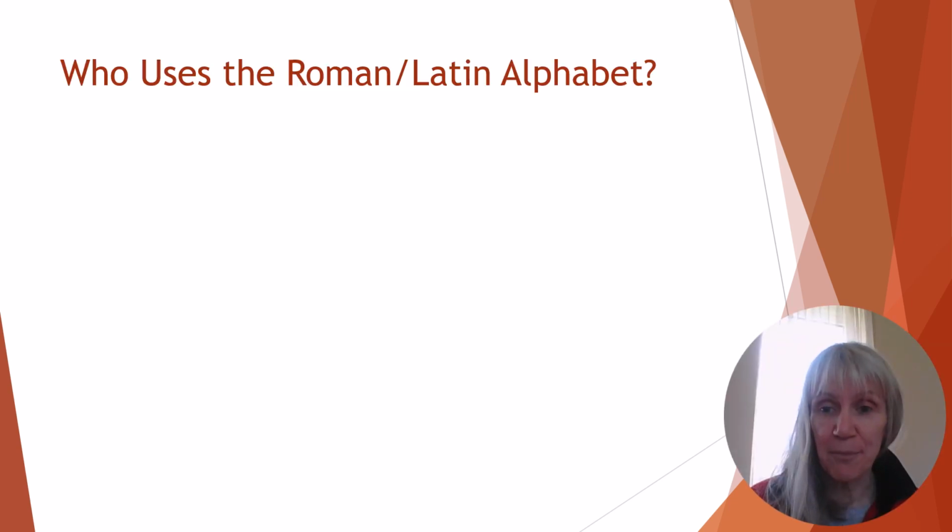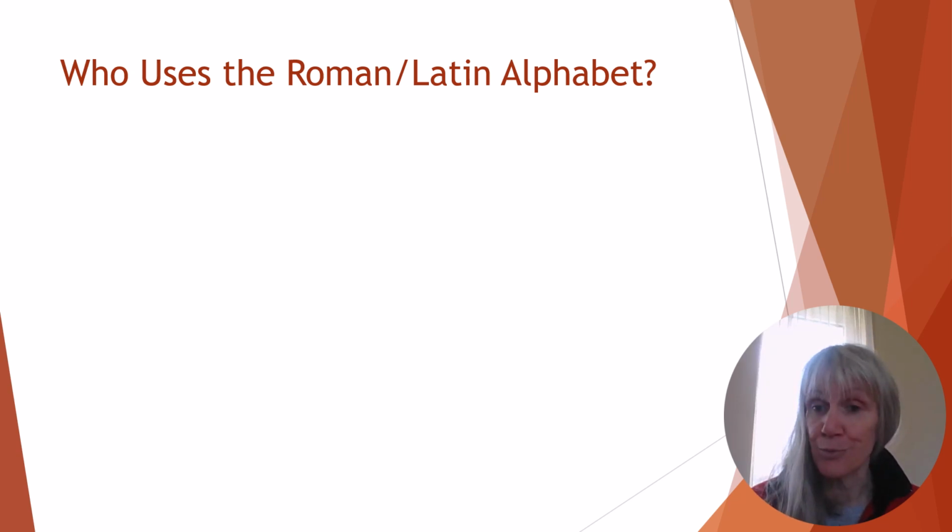Like I said, many different languages will use the Roman alphabet, this version and collection of letters, vowels, and consonant sounds. Every language will use the Roman alphabet a little bit differently. So depending on what type of language you are, if you're Romanic or Germanic or Slavic, you may have a different representation and a different use of this alphabet.